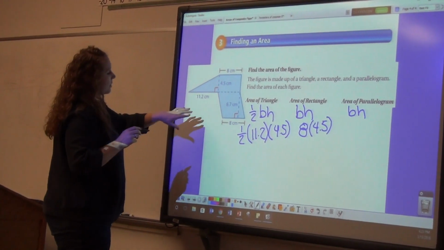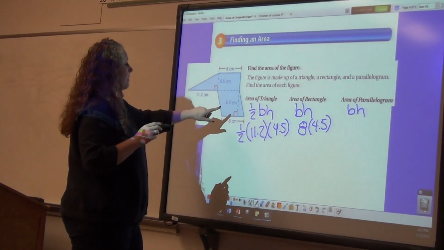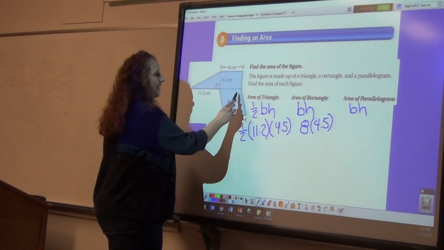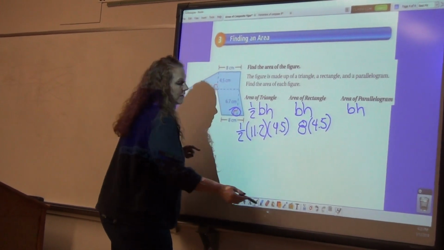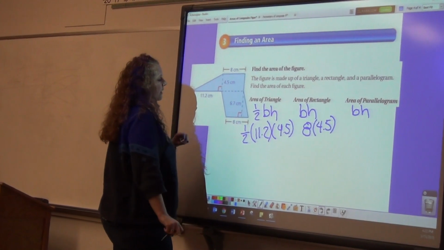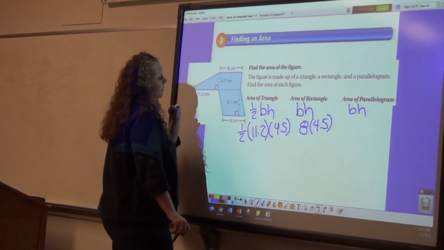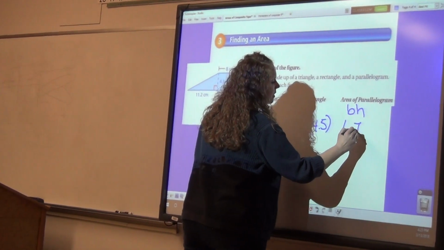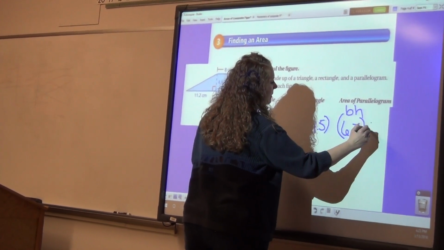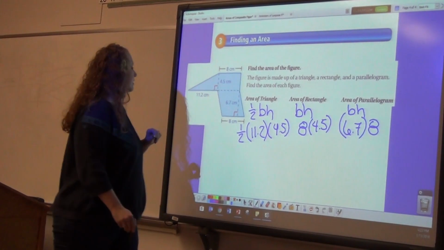Got that equation, okay? Then when you're doing a parallelogram, make sure you are using the height at a 90-degree angle, if you guys remember doing parallelogram area. 6.7 times 8 is what it is. Our height is 6.7, our base is 8.